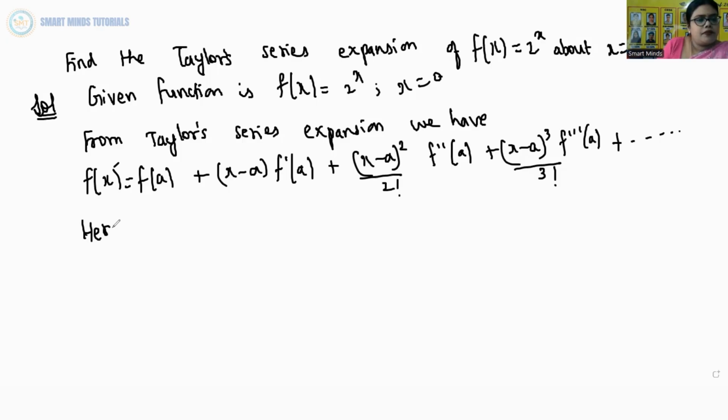So here f of x equals 2 power x. And what is the constant a? Its value is 0 given in the question.